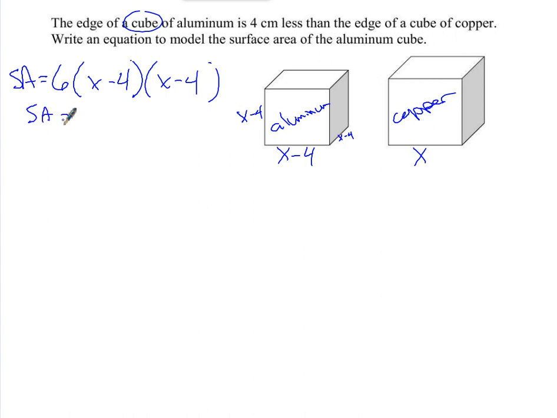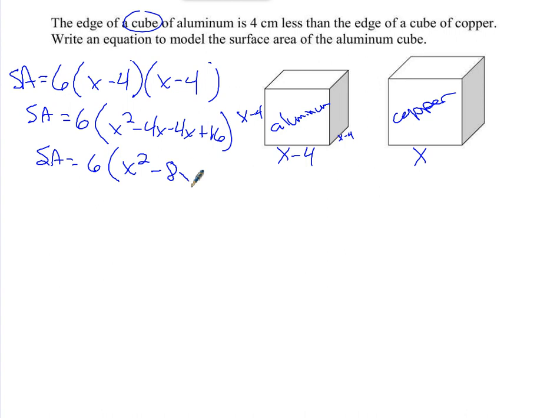So surface area equals 6 times x squared plus 16. All right, so then we should probably what? How about combine like terms? Do that next. 6 times x squared minus 8x, yep, plus 16.